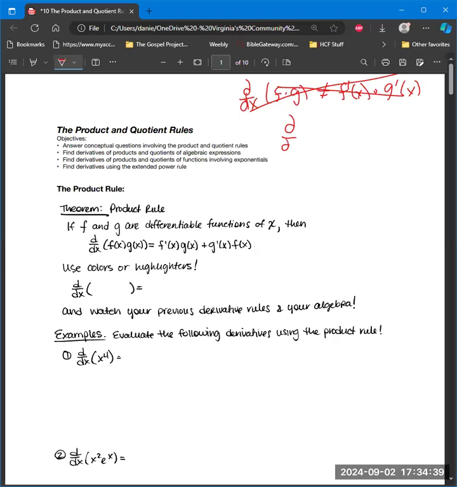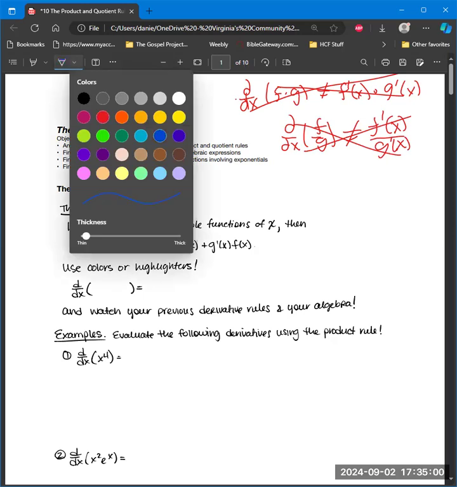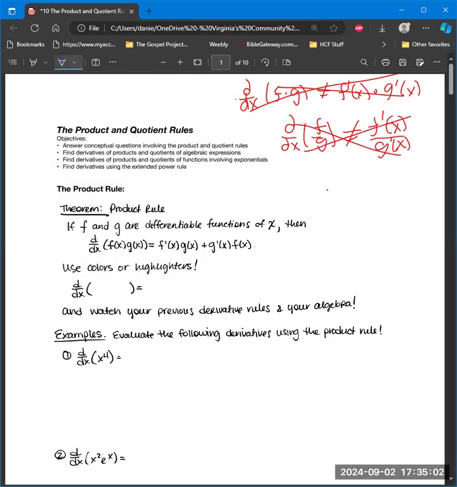Also, the derivative of a quotient is not the quotient of the derivatives like this. Don't do that. That's wrong. That's why I'm writing it in red. So this is why we have the product rule to take care of products and the quotient rule to take care of quotients. Follow these rules, memorize them.